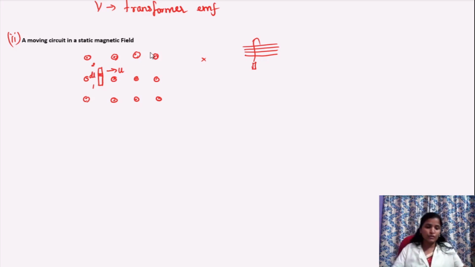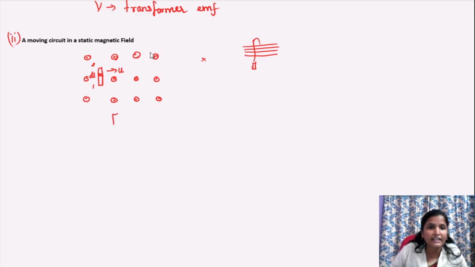Okay, so when a conductor or a circuit is moving across the static magnetic field, what happens? Some magnetic force will be induced.